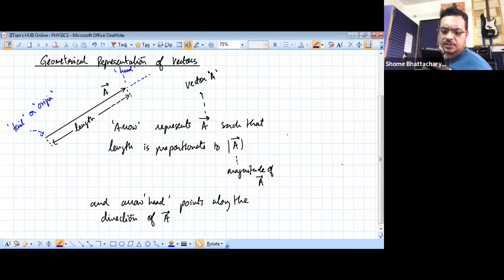Yeah, so the first operation we had seen last time was multiplication of a vector by a scalar. Okay.